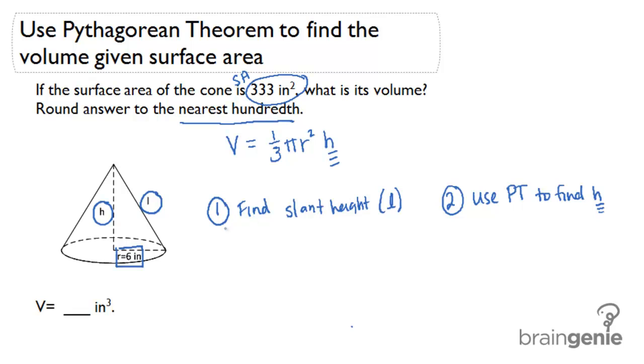Okay, let's begin. So first off, to find the slant height, let's use that surface area formula. Surface area equals pi r squared plus pi r L, and let's solve for L. So if I substitute the information I know, the surface area is 333.